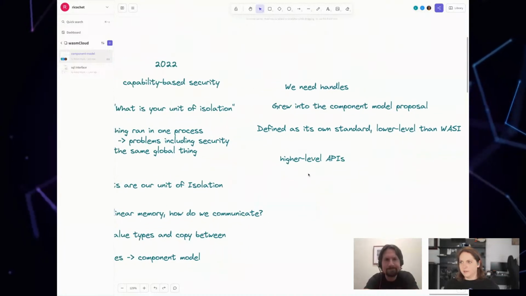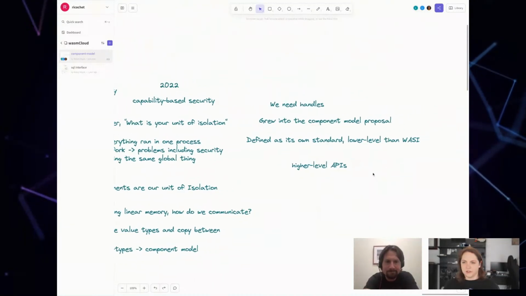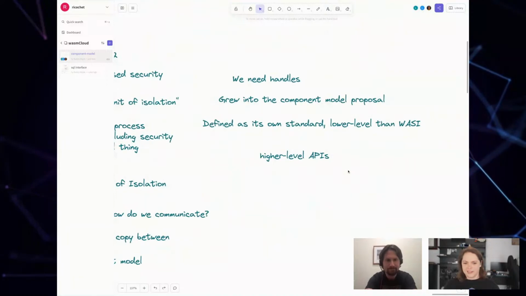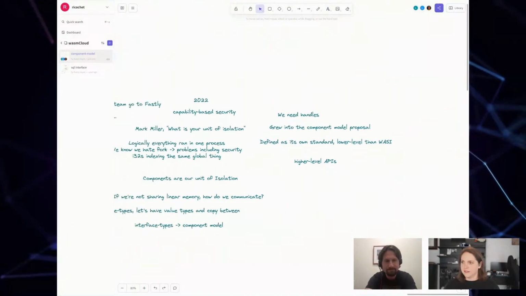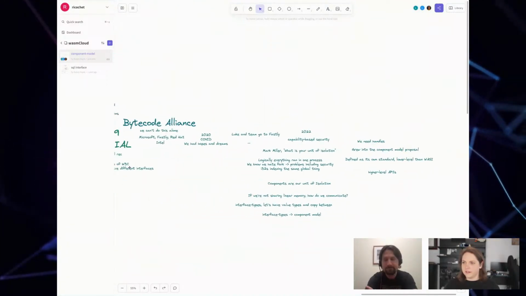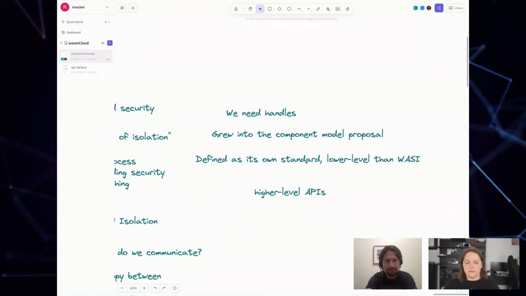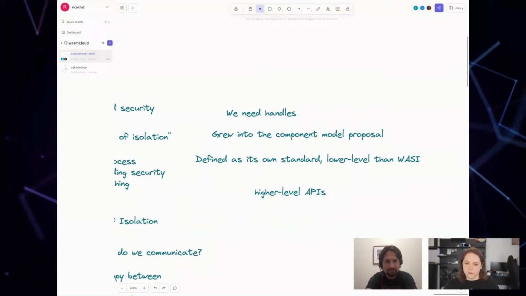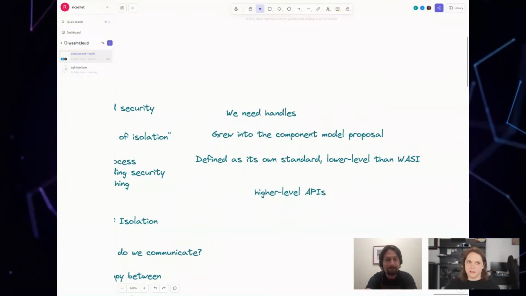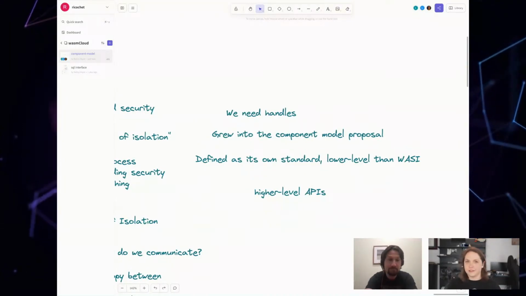Yeah, and I would say starting around this time, we also started re-envisioning WASI itself. One of the clear things that we can see through this timeline is that we're constantly finding different ways to think about the problem and scope it to the right level.